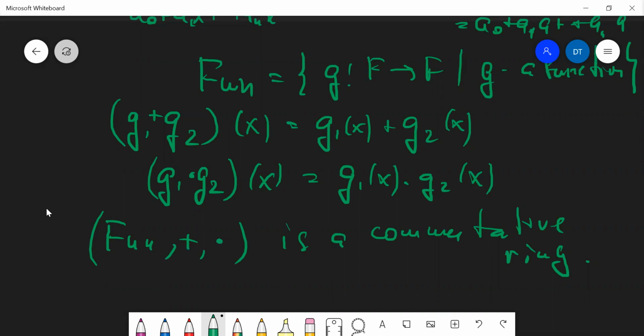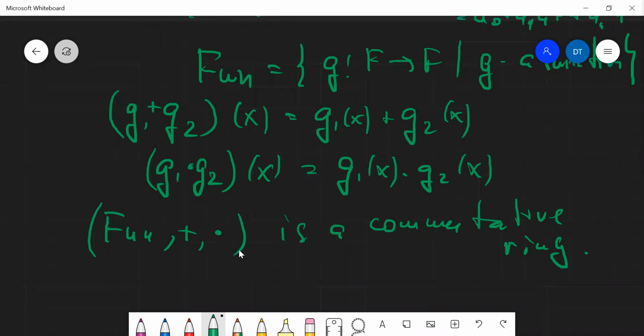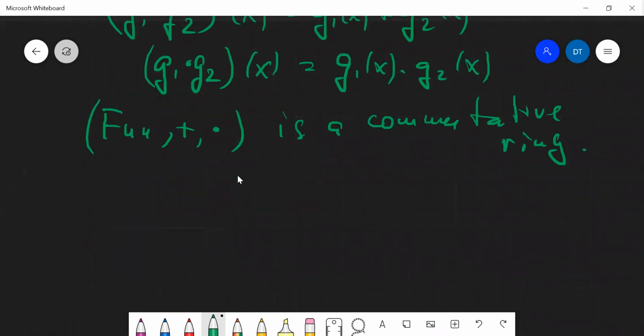And if you take the function which takes each element to one, a constant function, then this is the identity element of this ring. So this is just another commutative ring. And the procedure described above, which takes each polynomial to a function, f goes to f hat, is an example of a ring homomorphism.